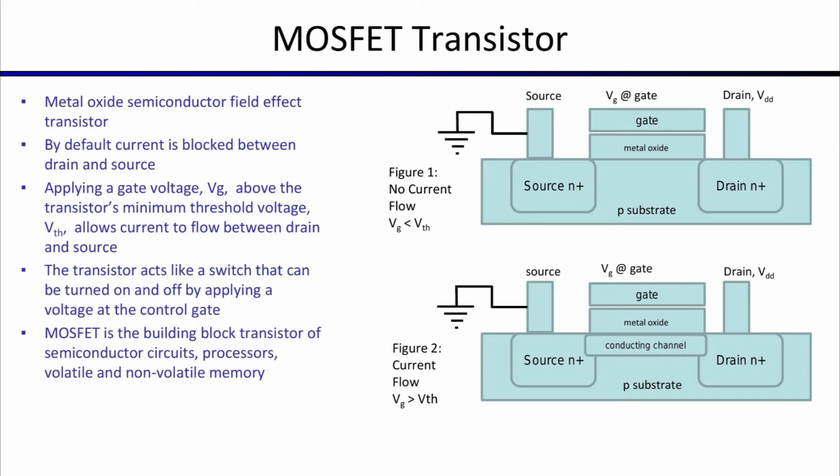So let us now see how this kind of transistor is used to build memory components and flash drive components. I'll start with a simpler example, DRAM, and then go to the flash devices.